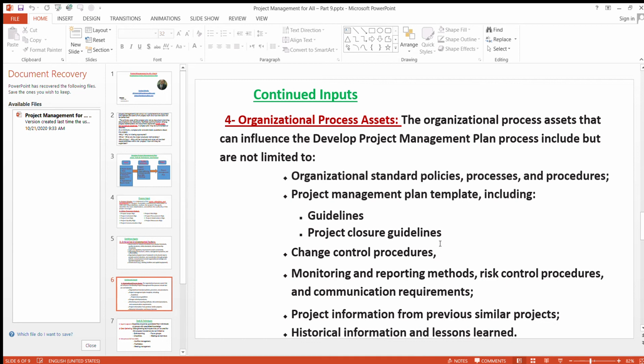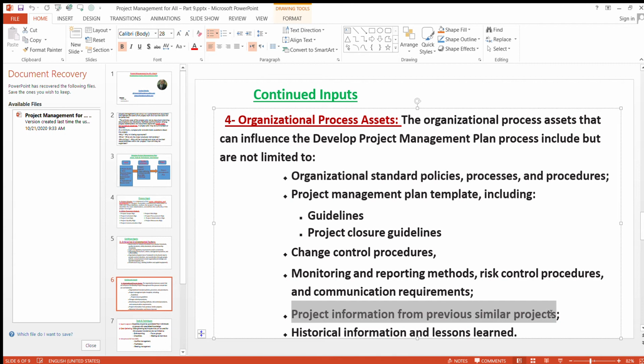The other one is the monitoring and reporting methods. You know, every company has its own reporting methods and how to control the project and how to control the risks, risk control procedures and communications requirements. Project information from previous similar projects. This is very important because you have a lot of database.